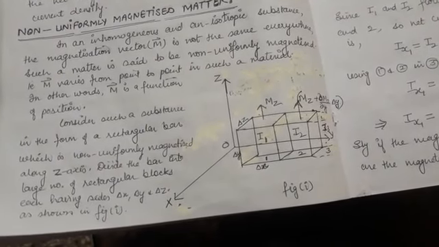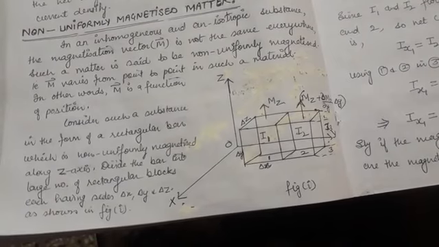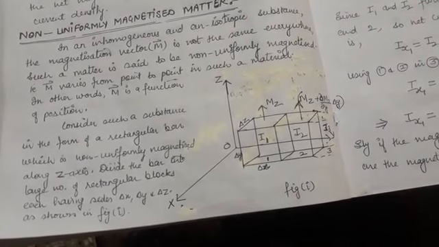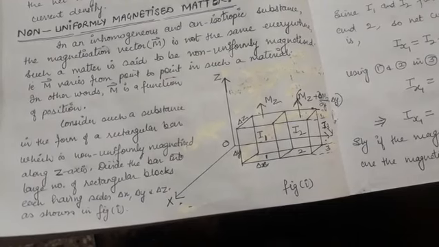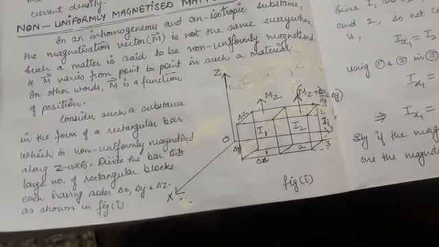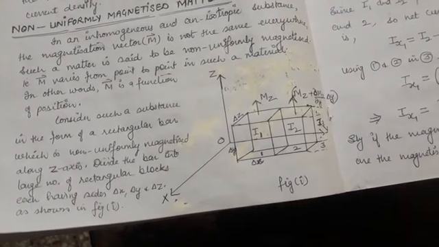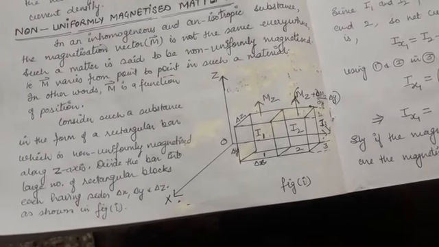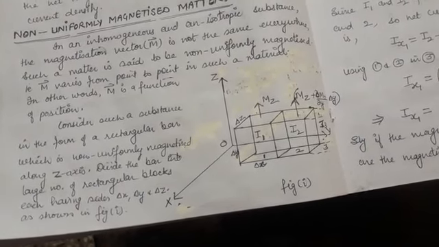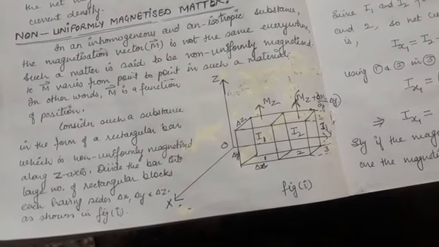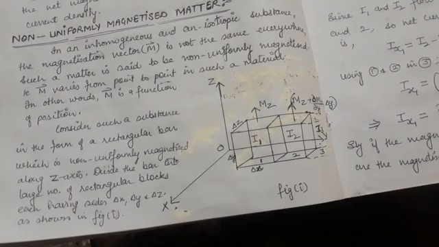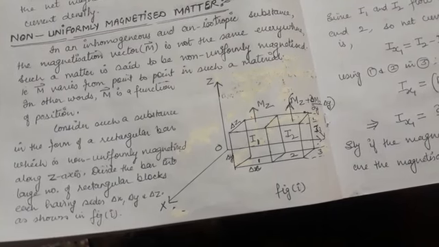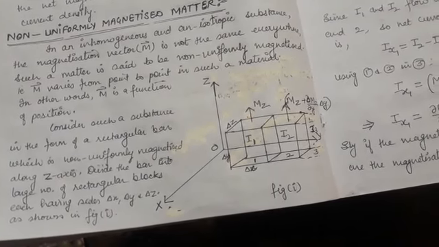For simplicity, I have just assumed two such bars, bars 1 and 2. It can be divided into a large number of blocks, but we have taken only the two bars 1 and 2 just for simplicity, whose dimensions are delta x along the x-axis, delta y along the y-axis and delta z along the z-axis. The dimensions of each block are the same.